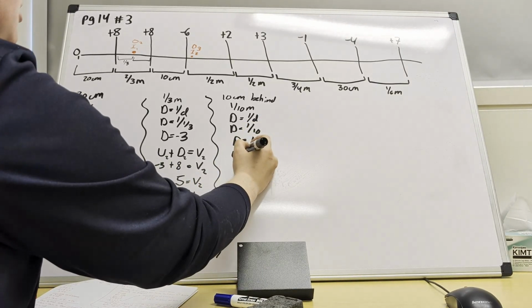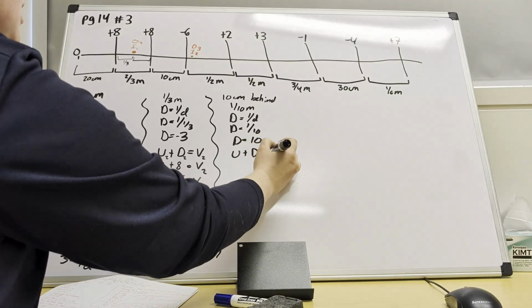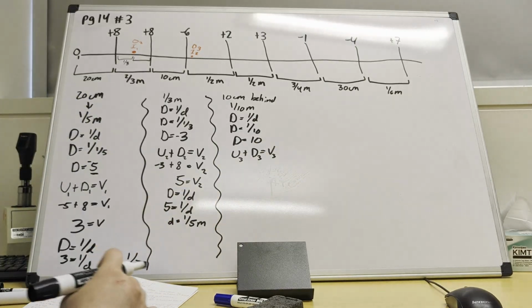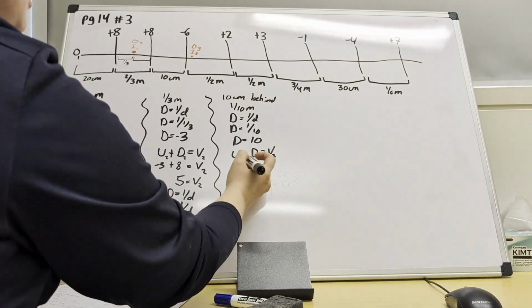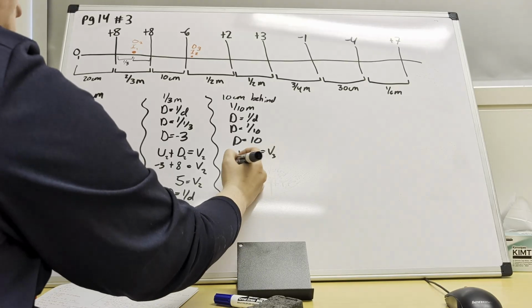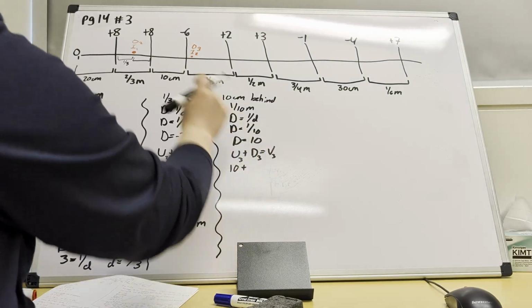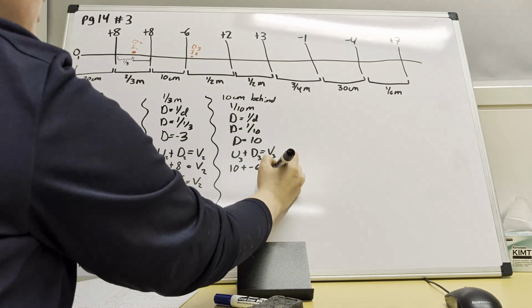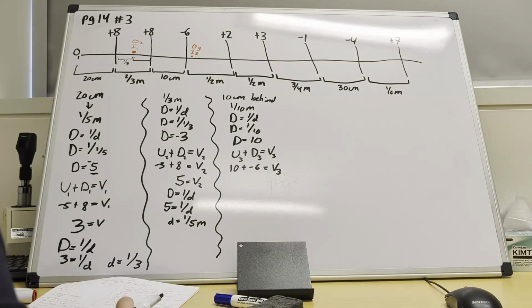We're going to plug this into U plus D equals V. This is subscript 3 because we're going through lens 3. The U we just figured out was a +10 plus the power of lens 3, which is -6, equals V3.